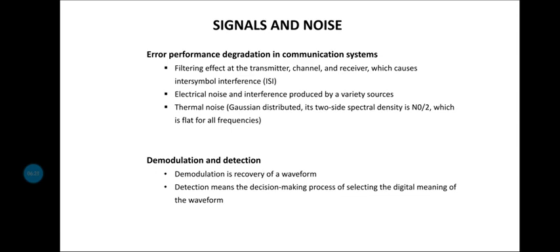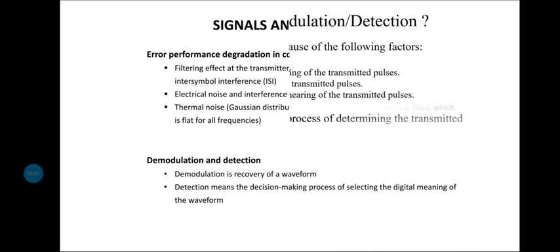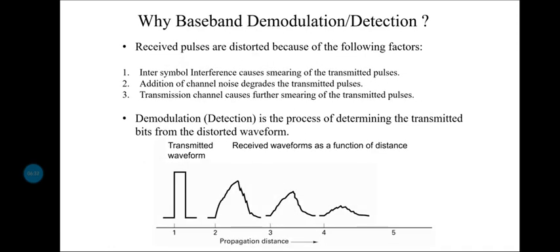So now let us look at the next case, how we are going to do this and why we are going to do this. Why is baseband demodulation or detection required? As already mentioned, all the received pulses will be distorted because of the following reasons.